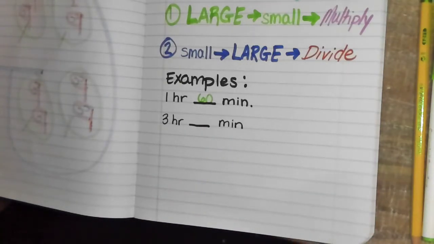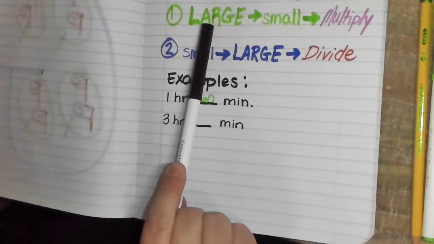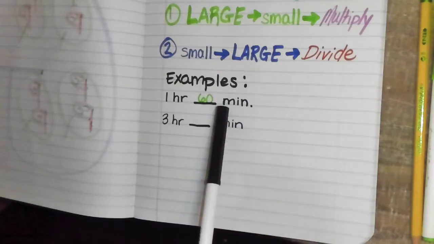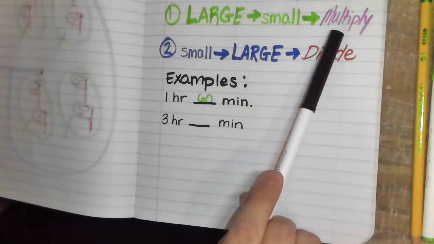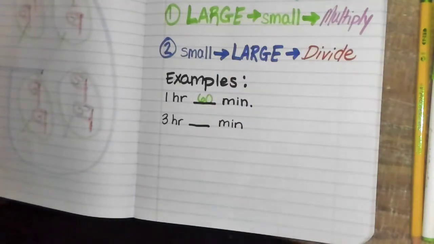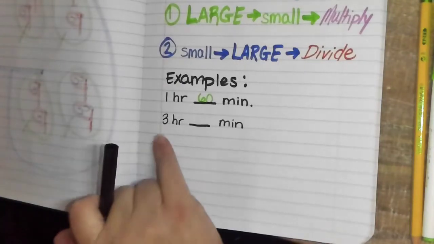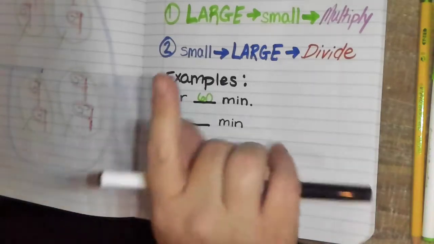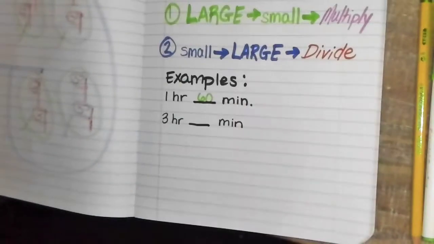As I said before, if we're going from a large unit, like an hour, to a small unit, like minutes, we need to multiply. Well, we have to know what to multiply. So we're going to take the number of hours and multiply it by how many minutes are in 1 hour.